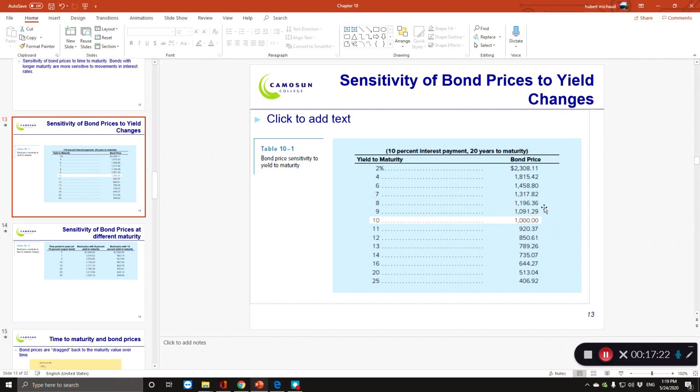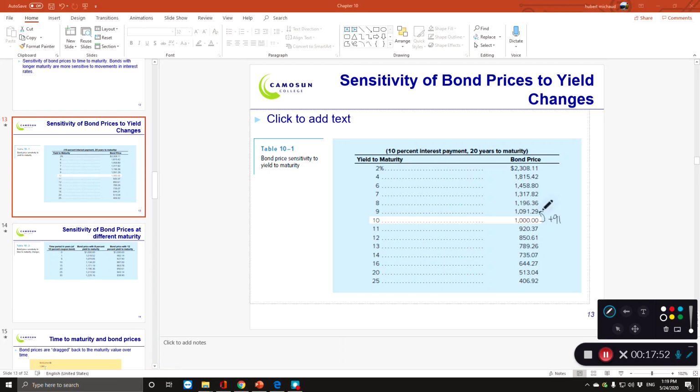We know that the price of the bond should go up, right? Convexity means that as the bond yield decreases, the price of the bond should increase at a faster and faster pace. Okay. So here, if you look, when we go from 10% to 9%, there's an increase of roughly $91.29 in the value of the bond.